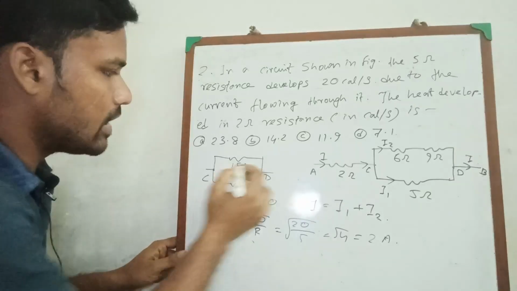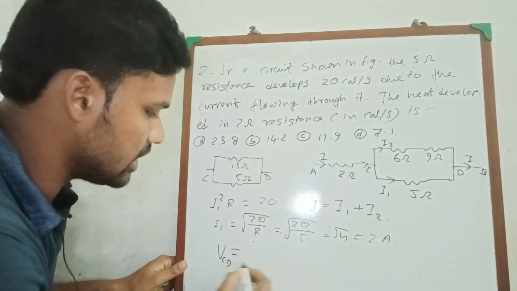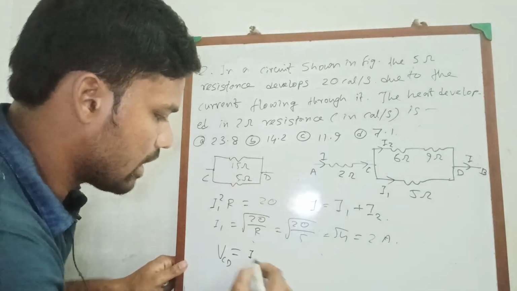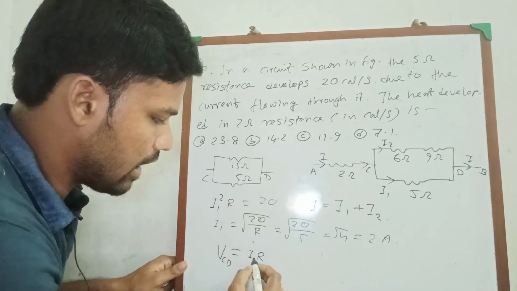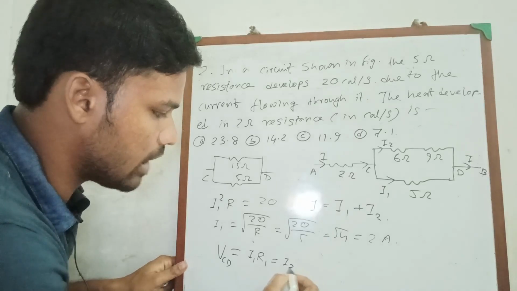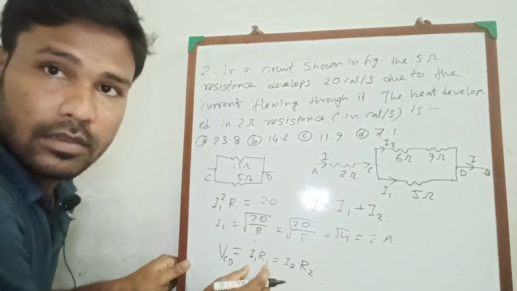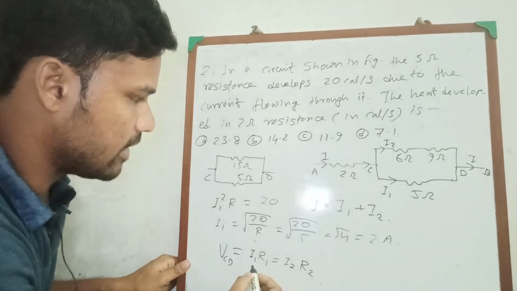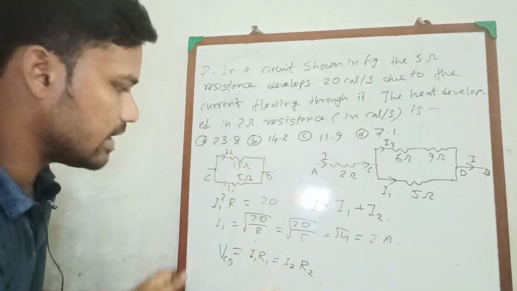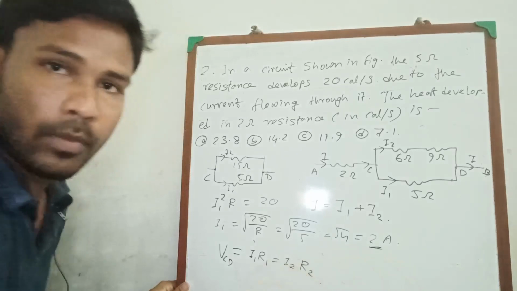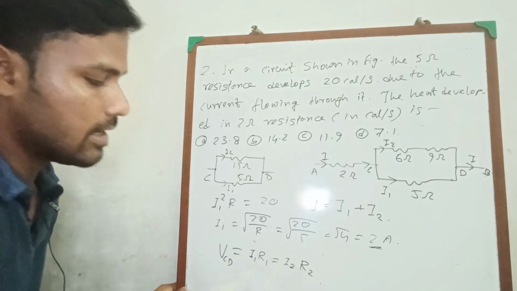So say the voltage is V across CD. From Ohm's law, V equals IR, so I1 into R1 must equal I2 into R2. This is the I1 current, this is the I2 current, and these are the resistances, and we know the value of I1, so you can calculate I2 very easily.